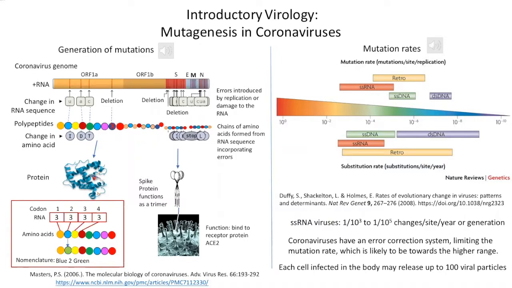Mutations occur because of errors in replication or because of damage done to the hereditary material. Replication is performed by enzymes known as polymerases, and these can copy nucleic acids very accurately or very poorly. The level at which they make mistakes is known as their fidelity level.